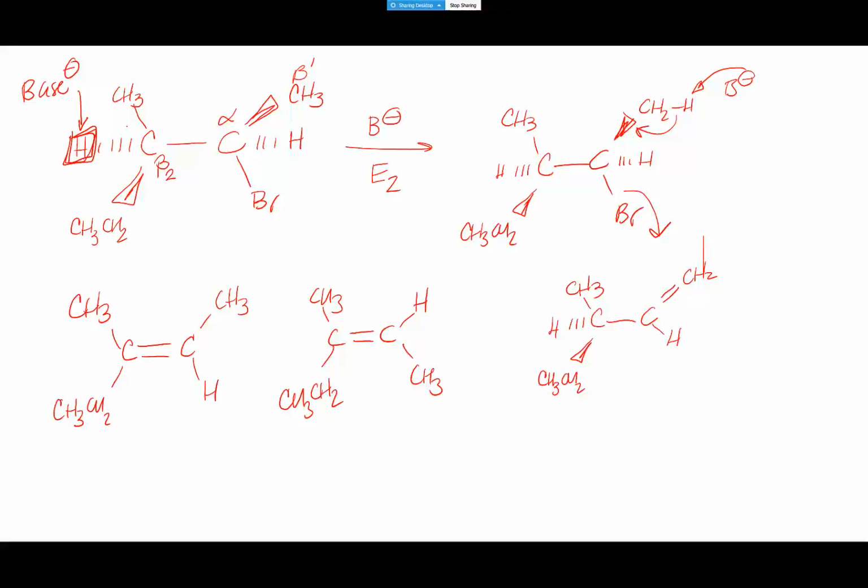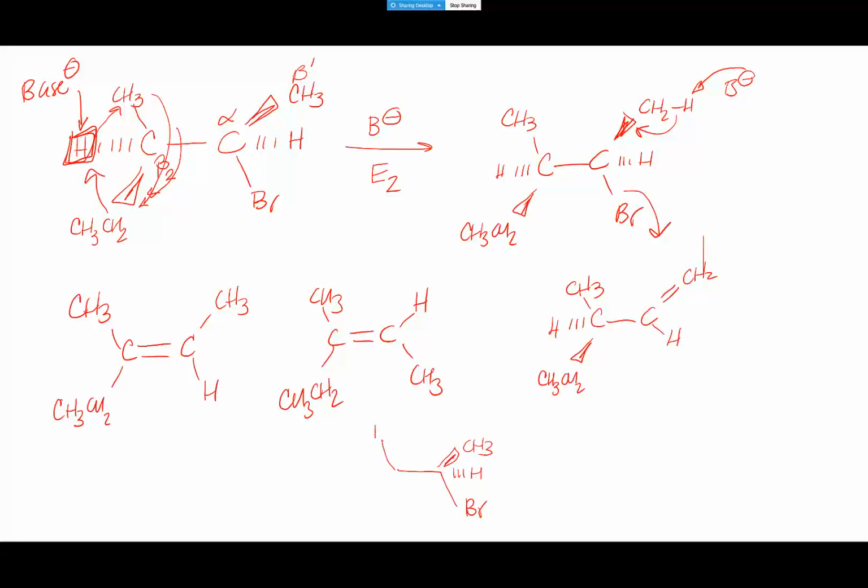So I need to take this molecule and, do I have to do anything to the carbon on the right? No. But I'm going to have to do what to this carbon on the left? I'm going to have to rotate the hydrogen up here, the methyl group down here, and the ethyl group into the back.